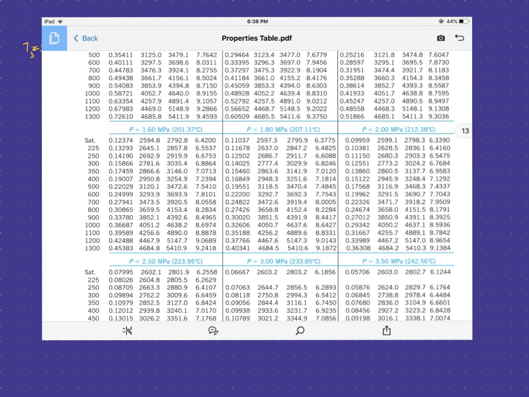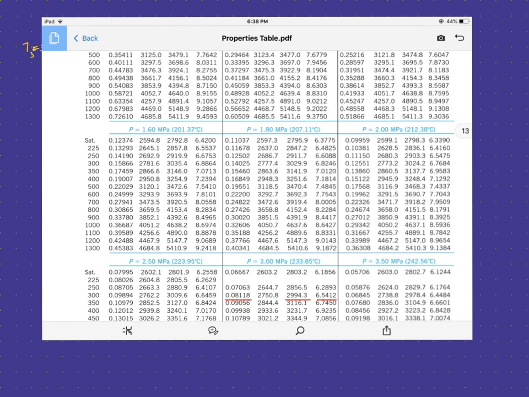Right, so place your ruler at 300 degrees C, and you are looking for your h. The first column is for your specific volume, and the second column is actually for your internal energy, the third column is actually for your enthalpy, and the final column is for your entropy.